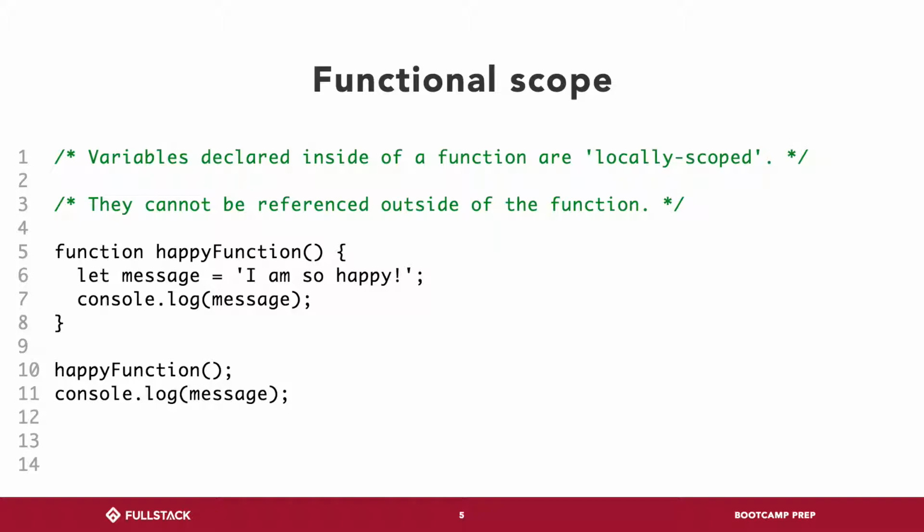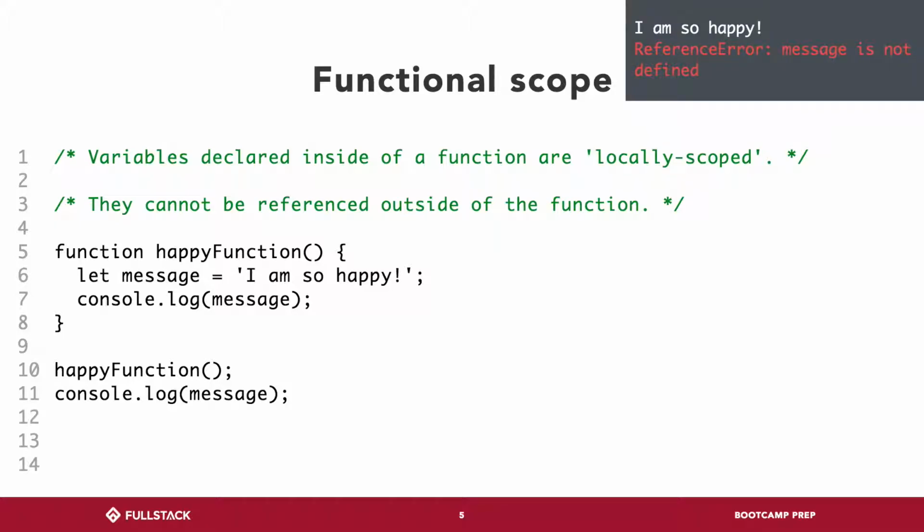So this is an example of something that's locally scoped. You can log it within the function and you have access to it inside this function, but once you're outside of it in the global scope, message doesn't have a value. So you actually get an error that message is not defined because you haven't even declared it. If you declared let message out here and then logged it, it would be undefined and it wouldn't crash your program.